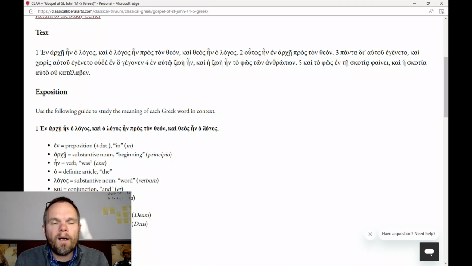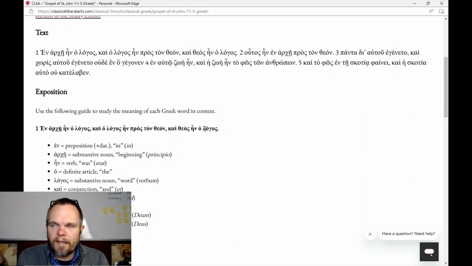The reason why is because in this sentence, if you read the whole sentence, the subject of the sentence is logos, and in English, we put the subject before the verb. So when we translate that phrase, theos ein ho logos, we flip logos and theos so that the subject comes first. And we know that logos is the subject because of the context of the rest of that verse.